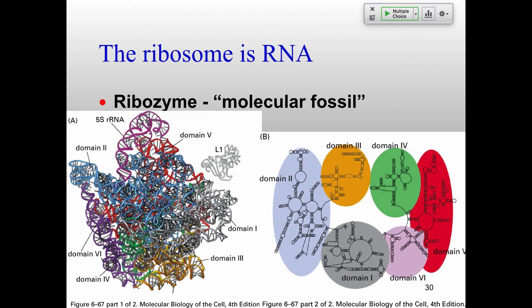How could you have a molecular system which has enzymatic activity, RNA has enzymatic activity, and have some genetic activity that goes with it. So a lot of people talk about the ribosome as being sort of a molecular fossil because it's what's left from that time when we just had RNA as a functioning part of our system.